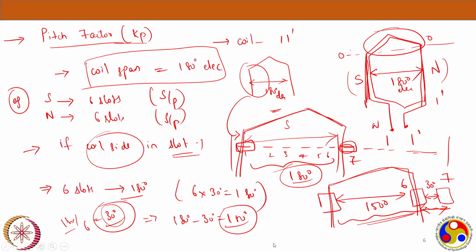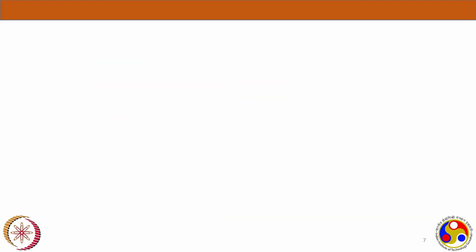Now let's get back to our main discussion. By what factor will my output voltage be less in the case of short pitch winding? We call such winding a short pitch winding. I'm just trying to write it here, and it will be simple for you to understand. Coil span is equal to 180, this means it is a full pitch coil.